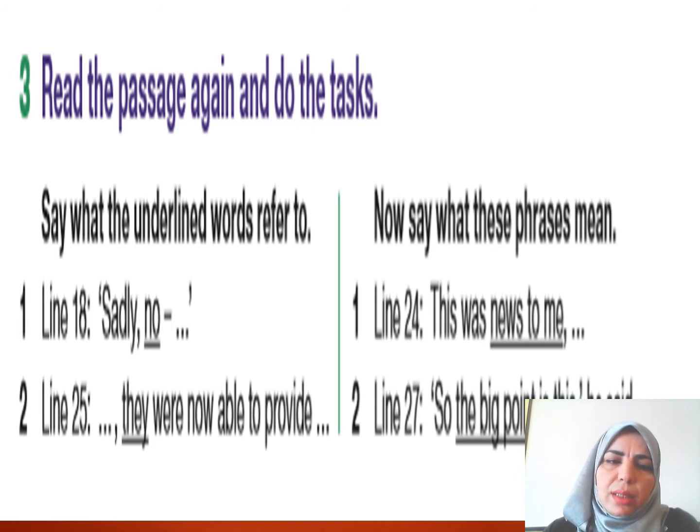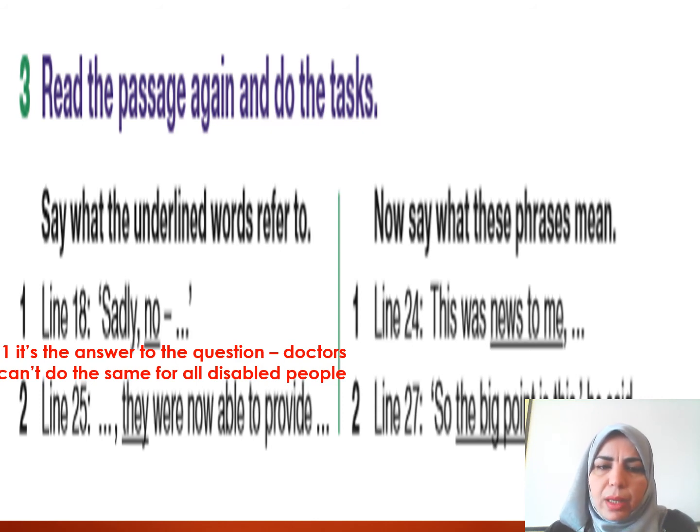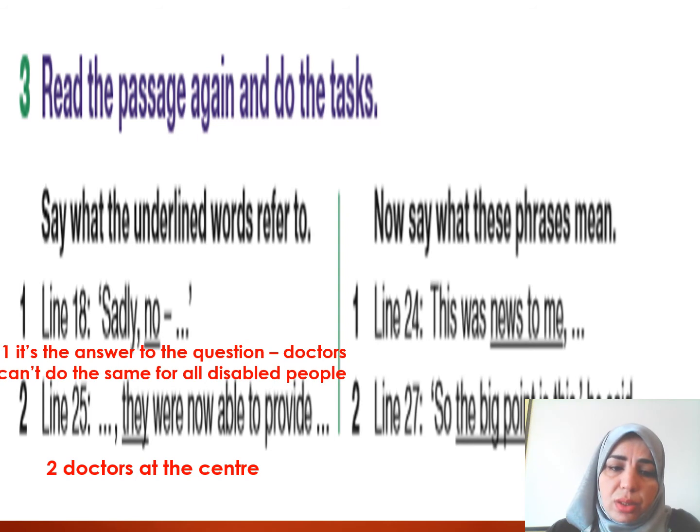Now, line 18, sadly no refers to, yes, it is the answer to the question: doctors can't do the same for disabled people. Line 25, they were now able to provide, yes, it refers to doctors at the center.